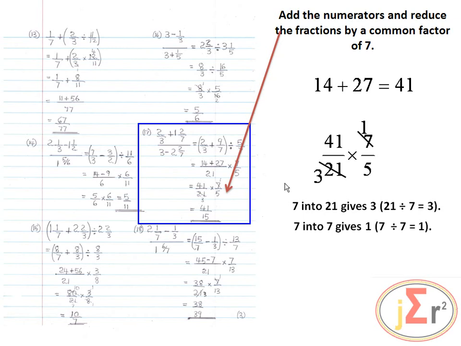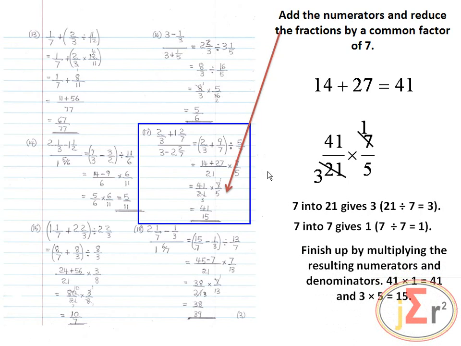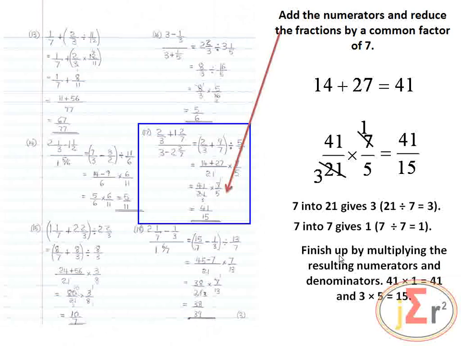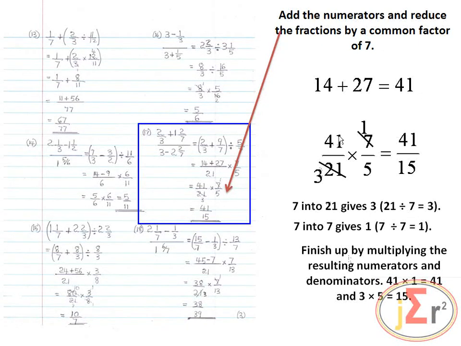So we have 41 times 1 and 3 times 5. So we have 41 over 15. We finish up by multiplying the resulting numerators and denominators: 41 times 1 is 41, and 3 times 5 is 15.